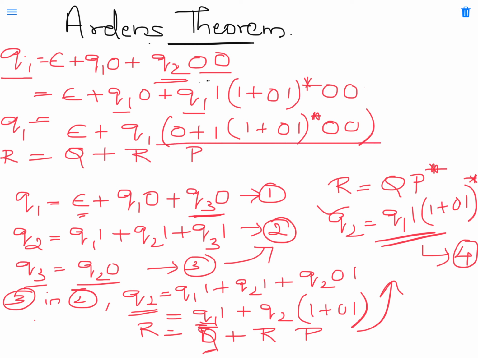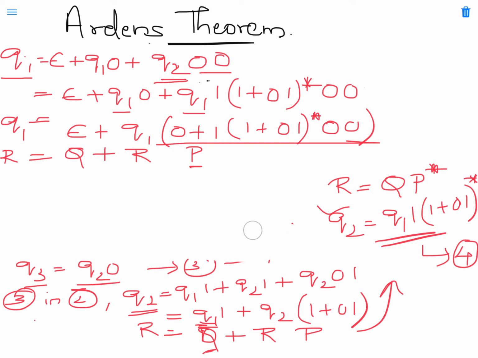So this expression will be treated as P, and you have to write it as R is equal to QP star.